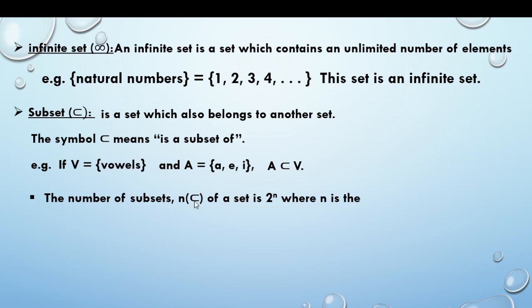The number of subsets, n of the bracket subset of a set, is 2 to the power n, where n is the number of elements in the set. So this simply means that you can tell how many subsets a certain set has by using this formula. Number of subsets is equal to 2 to the power n, where n is the number of elements in the set.